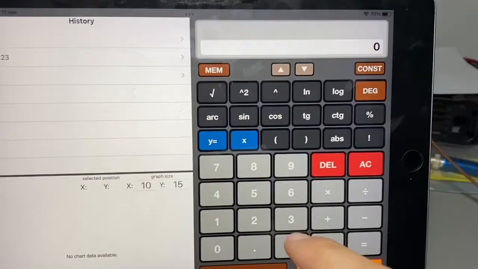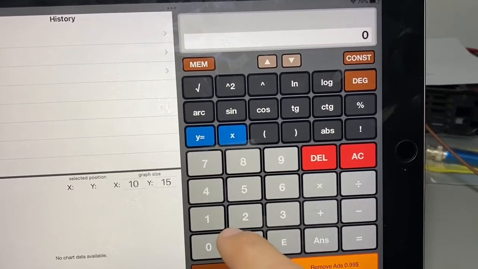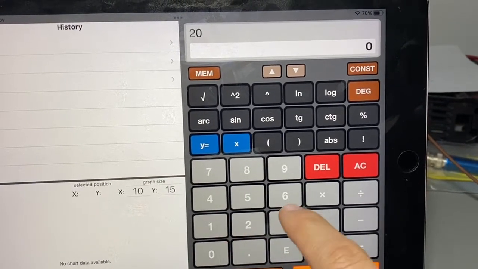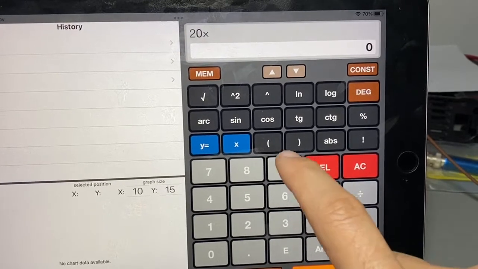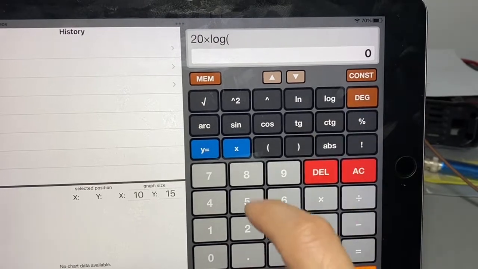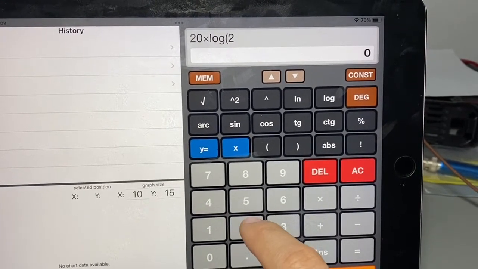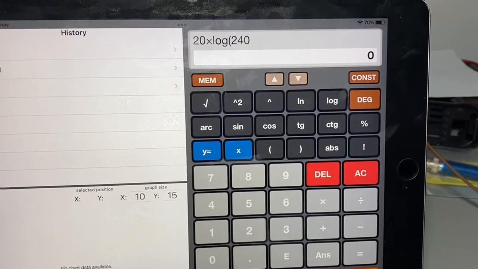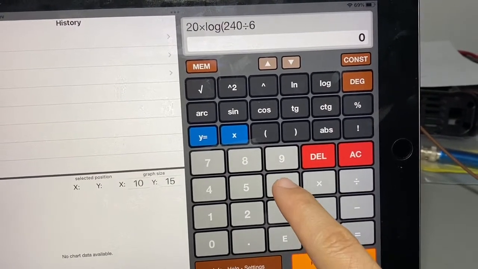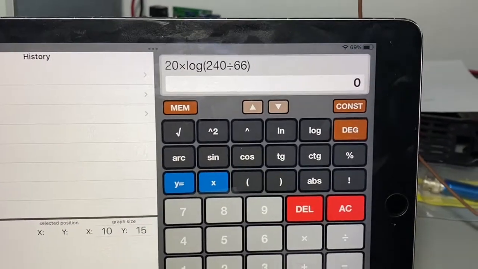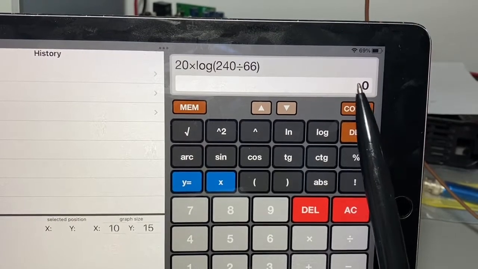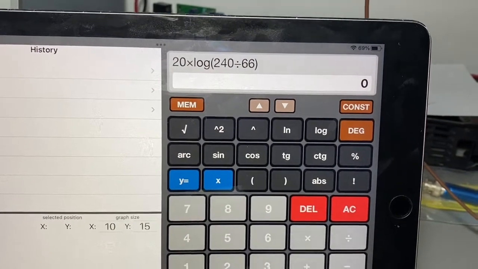We can do it separately, but with this calculator I can, if I remember correctly, do everything in one row. 20 times log, that's log base 10, of 240 divided by 66, and the result will be a number in dB.